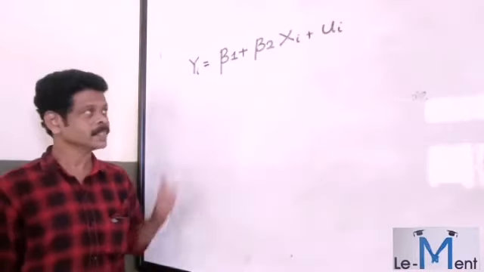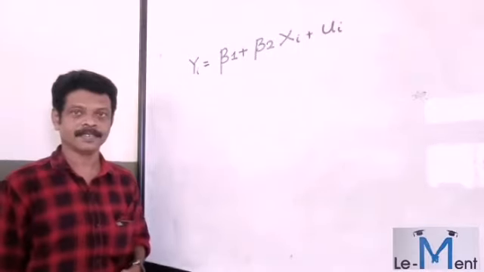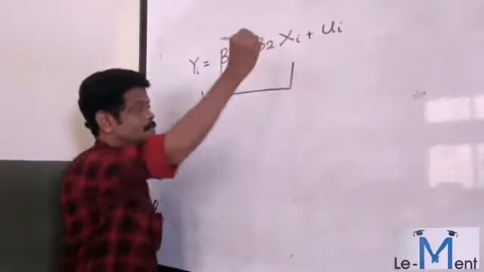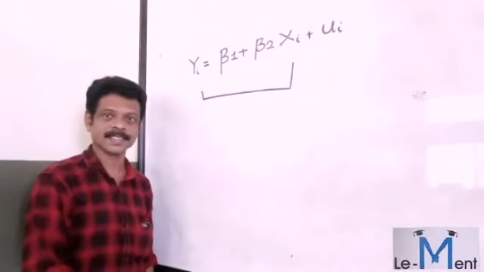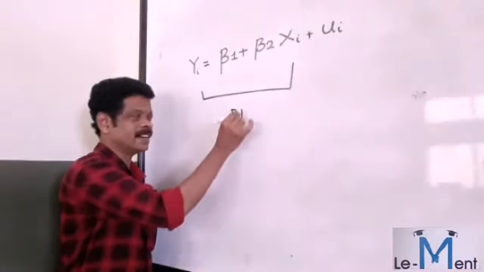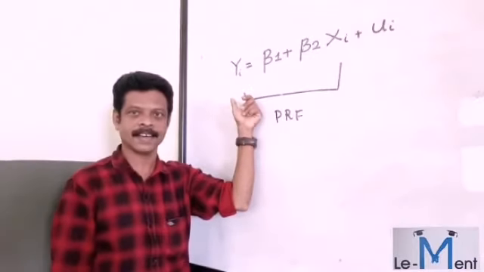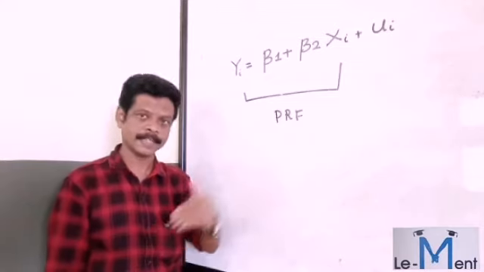And in this equation, this part, yi is equal to beta 1 plus beta 2 xi, is known as the population regression. Here the values of yi and xi are observable and can be measured.